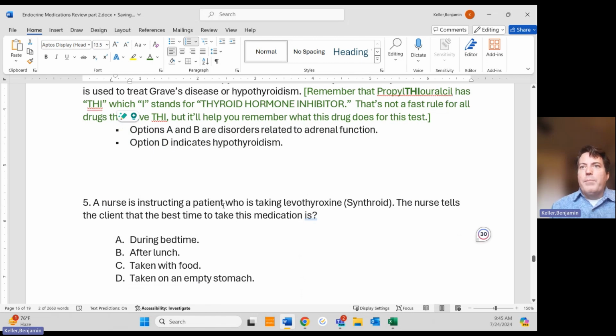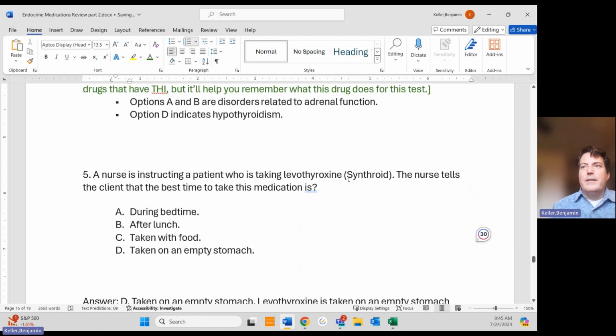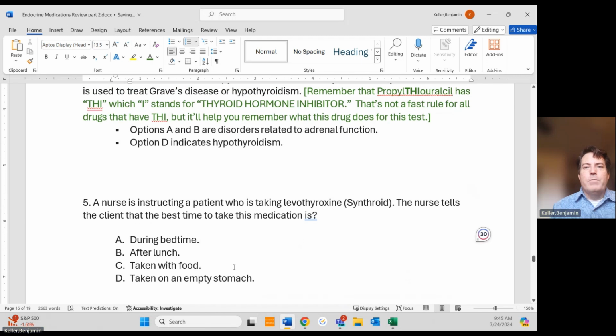A nurse is instructing a patient who's taking levothyroxine and tells the client the best time to take the medication is when? Levothyroxine. So what do we see in there? We see the word thyroid. And so we know that this is a synthetic thyroid medication. So when is it best? During bedtime, lunch, with food, on empty stomach.